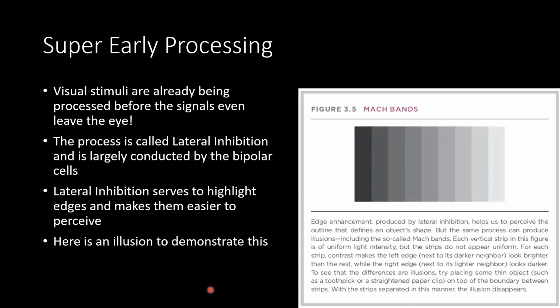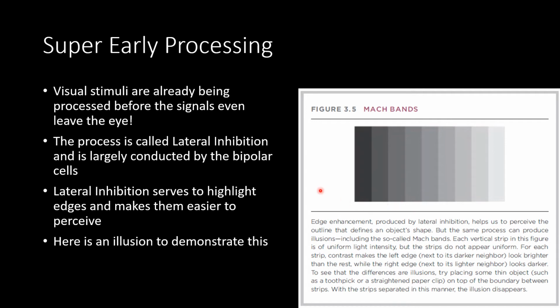Here is an illusion to demonstrate this, and this illusion is often called the Mach band illusion. While many of you can probably see that there are lots of different bars through here of varying shades of gray, what really shows this process is if you were to identify one of these bars, let's say this one, and compare this side of the bar to this side of the bar. Look closely.